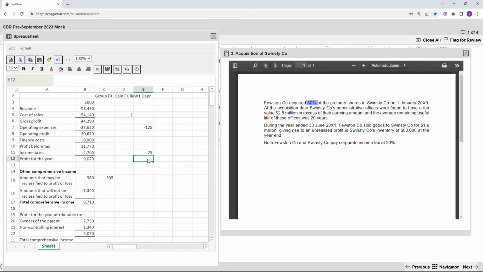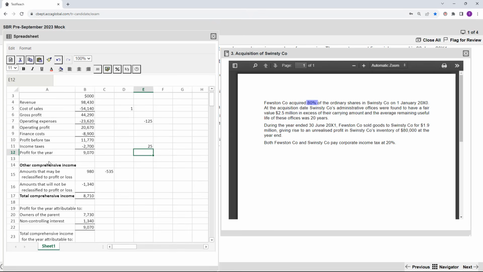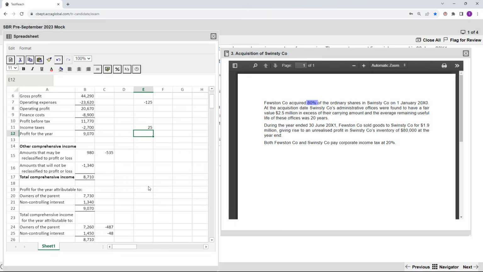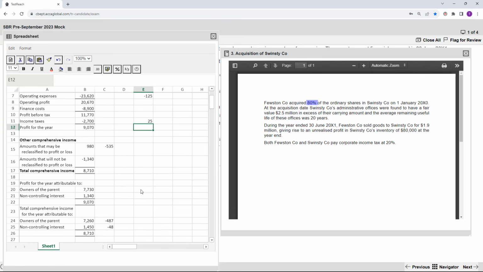So we've got a net effect of 100. It's not in OCI, but it will affect the NCI. This is going to affect the profit for the year. This is going to affect the parent by 80, and this is going to affect the non-controlling interest by 20.